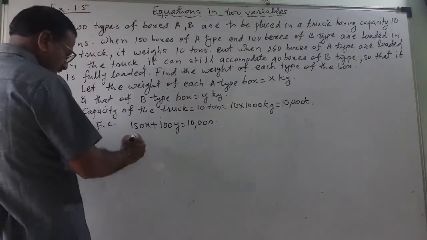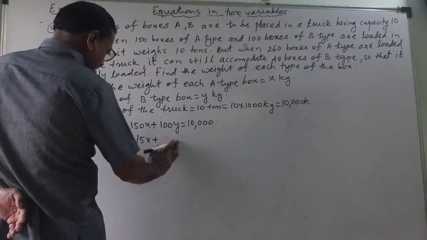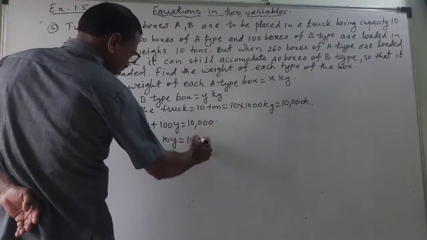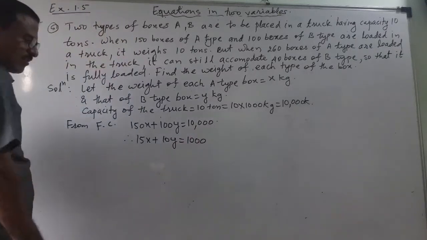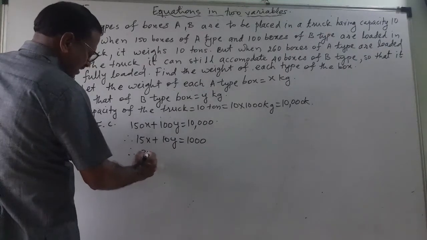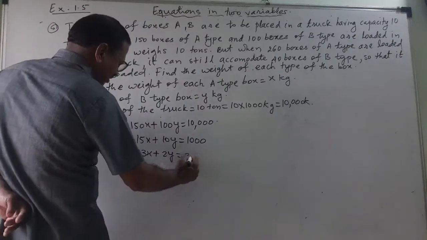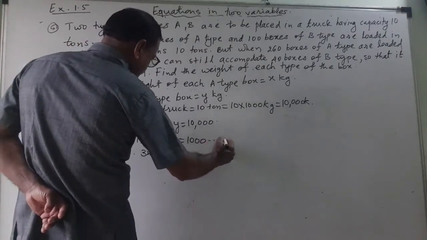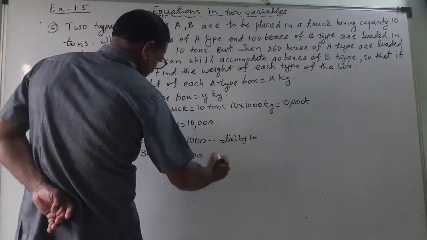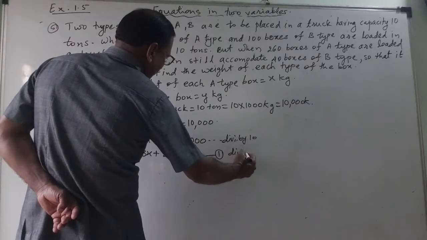Therefore, if I divide by 10, this will be 15x plus 10y is equal to 1000. Once again I can divide by 5. Therefore 3x plus 2y is equal to 200. Here you give the reason, divided by 10, and this is number 1, and give the reason, divided by 5.